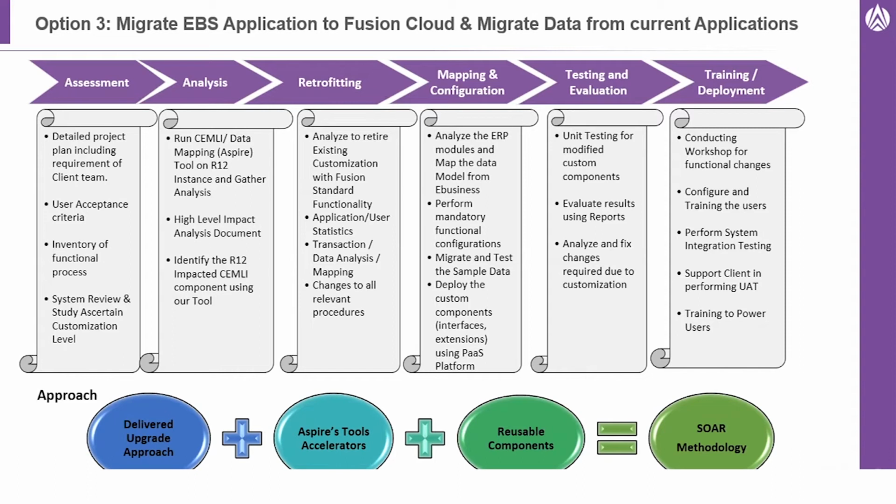You need to evaluate the functions in which the world is moving towards, and evaluate between your customizations and moving them onto the PaaS platform. I strongly believe that Fusion Cloud migration is the way for all on-premise applications, because the application will be managed by Oracle, whereas customers can look into their core business, operational efficiencies, productivity and so on.